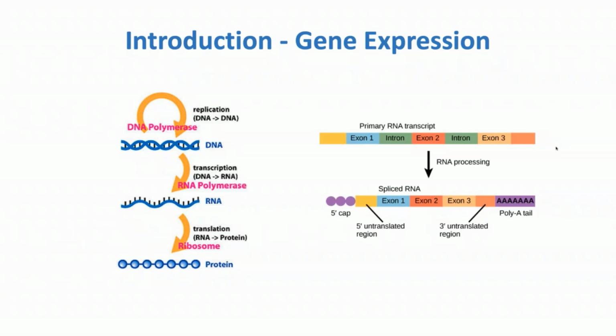If we look on the right, you see these two strands. One is the primary RNA transcript, which would be the exact copy coming from the RNA polymerase readout. Here you have exons and introns.